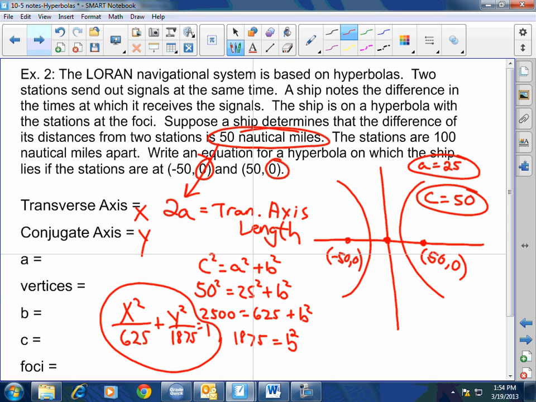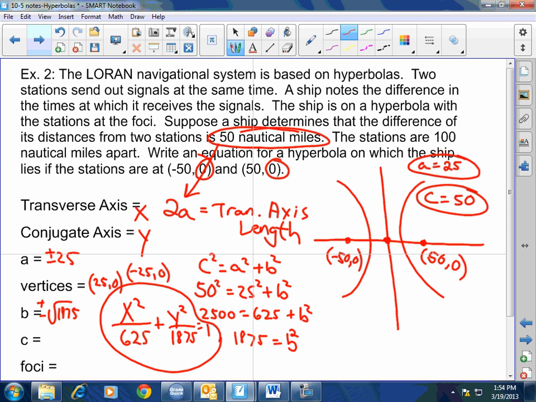That's my equation. So what's my a? The square root of 625, so plus or minus 25. What are my vertices? (25, 0) and (-25, 0). What's my b? We already calculated that. My b is the square root of 1875, correct? So we'll just put plus or minus the square root of 1875.